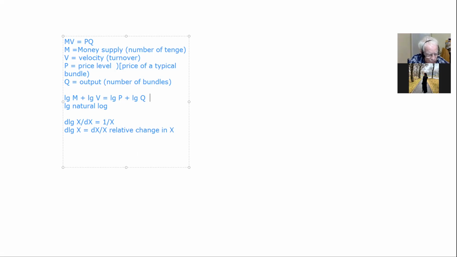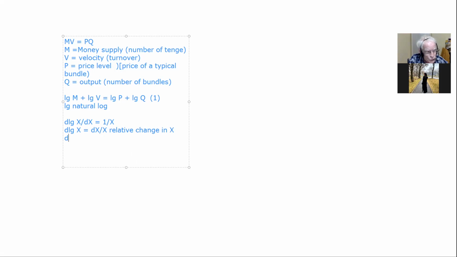So going back to our equation 1, we can differentiate all variables on both sides.